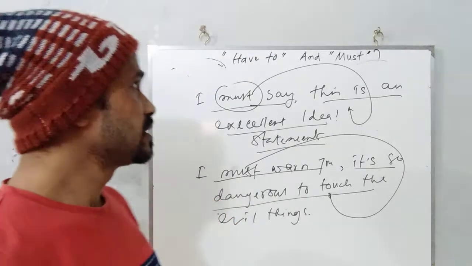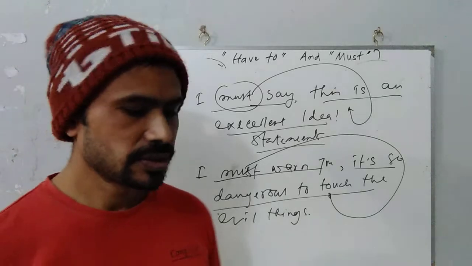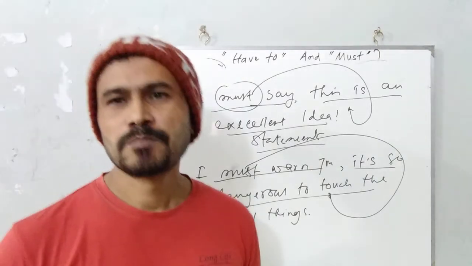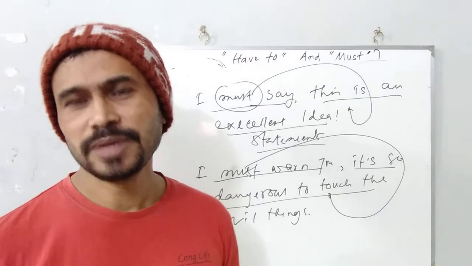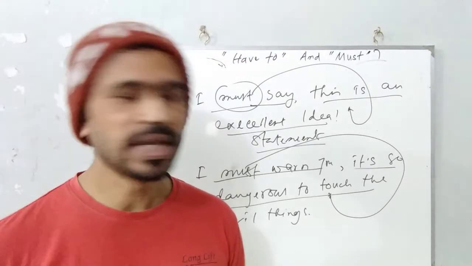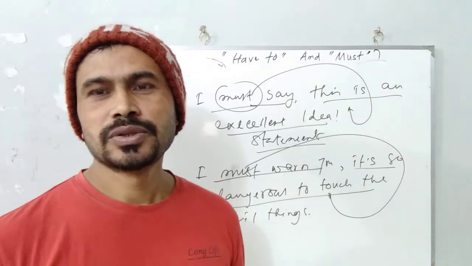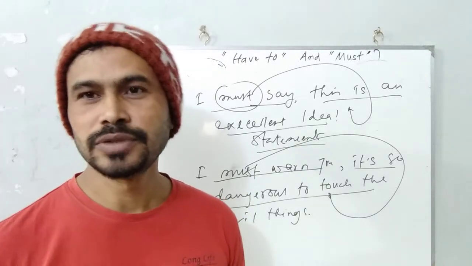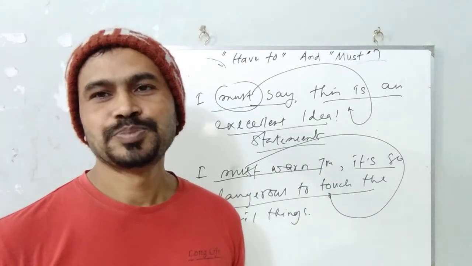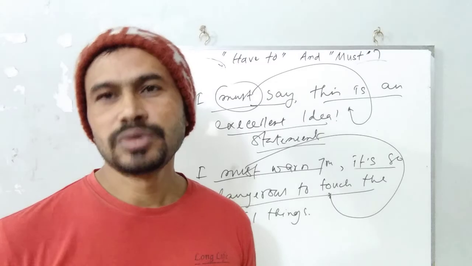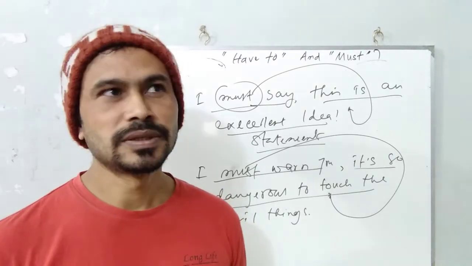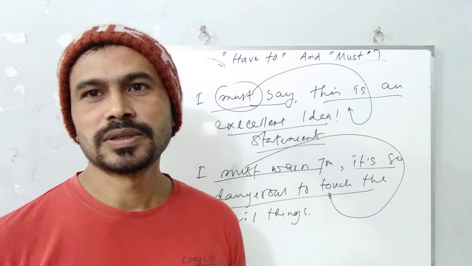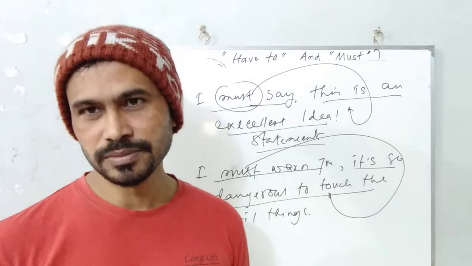So my friends, must is also used for not necessary, or negative obligations. I would like to write two sentences for your better understanding. I have told you already, must is also used for subjective obligation.